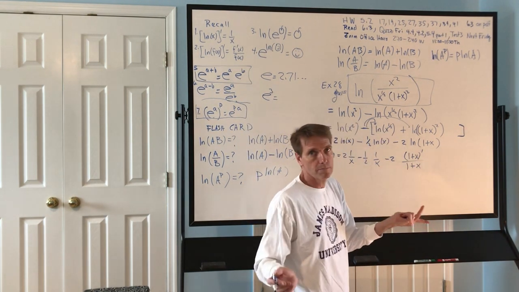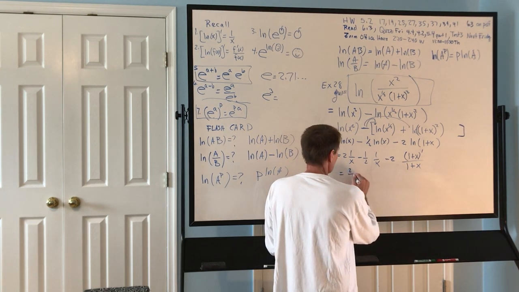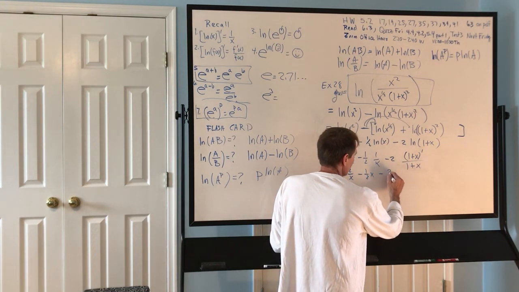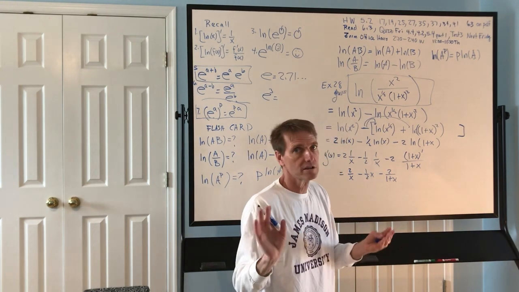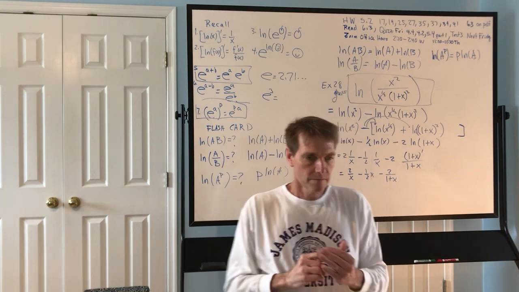The derivative of 1 plus x is just 1. So this would be 2 over x minus 1/2 over x minus 2 over 1 plus x. Notice how much easier that is than trying to take the derivative of what's inside there.